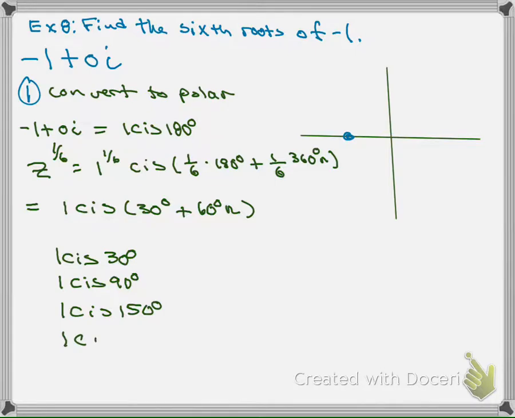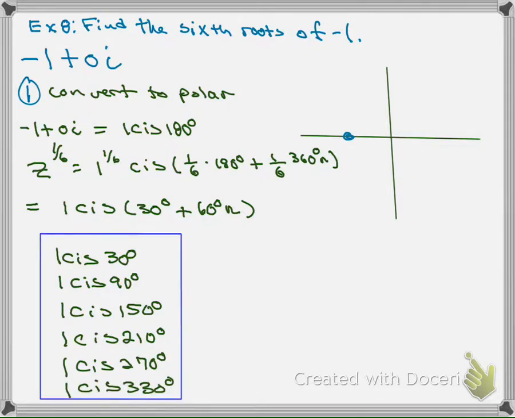Then I'm going to add another 60 to 150 and get 210. Add another 60 to 210 and get 270, and get our last answer, which is 330. And then I'm going to hit 360. So I'm going to stop there because I want it to be 0 to 360, not including 360.